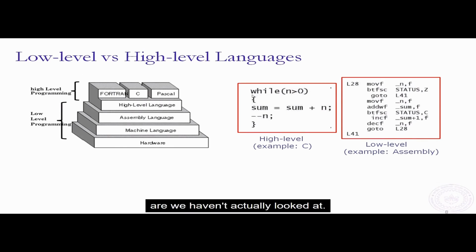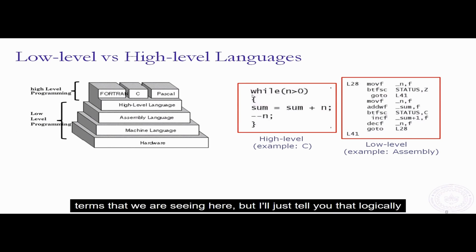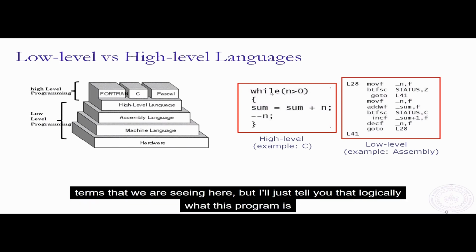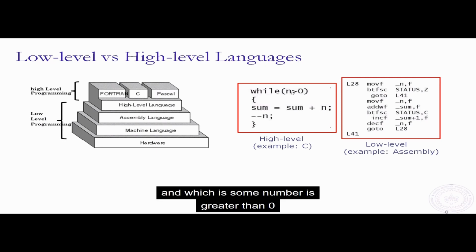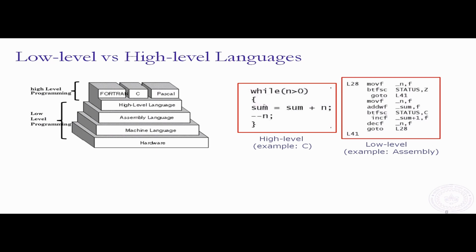We haven't actually looked at most of these terms that we are seeing here, but I'll just tell you that logically what this program is doing is: while n, which is some number, is greater than 0, it repeatedly operates in this loop saying add n to this variable sum.